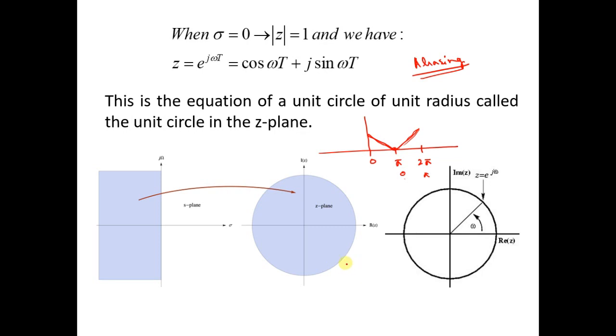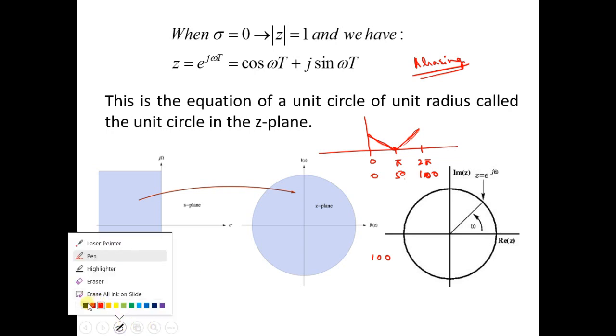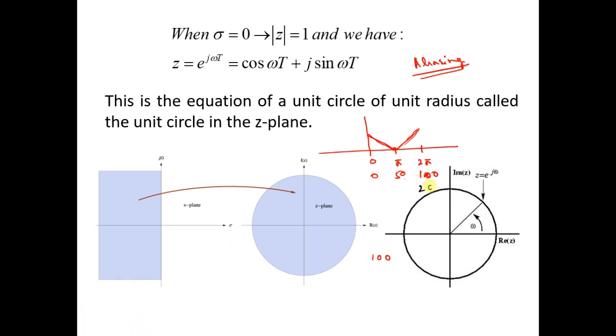Why? Because suppose you are having a 100 hertz sampling frequency. So over here you will have 100, here 50, and this is 0. Now you make it 200 hertz. You make the sampling frequency 200 hertz. Now what happens? Here at pi, we will have 100 hertz and 0.